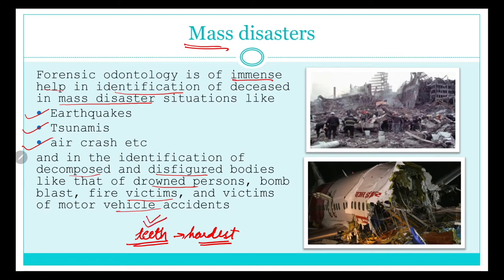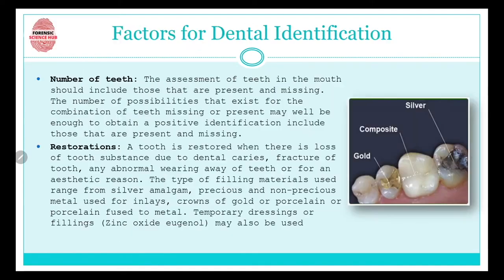Teeth may be still present in intact position, so these teeth can help us even in cases of mass disasters like earthquakes, tsunami, air crashes, etc. Also, they decompose at very late stages, so even in severely decomposed bodies, or in disfigured bodies, these teeth can help us identify the person.